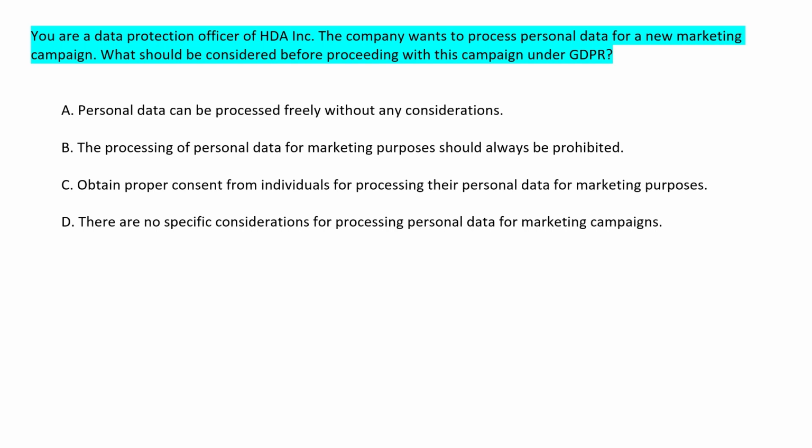Next question. You are a data protection officer at HDA Incorporated. The company wants to process personal data for a new marketing campaign. What should be considered before proceeding with this campaign under GDPR?